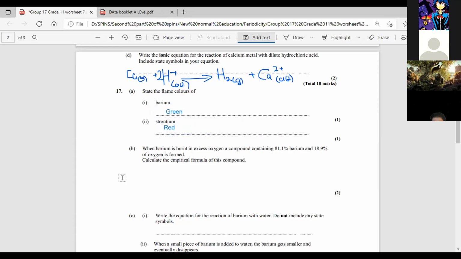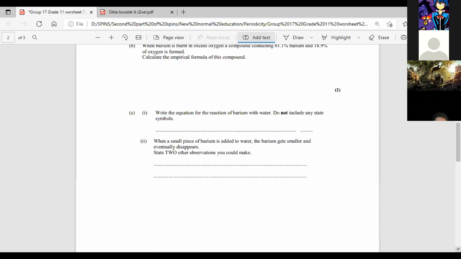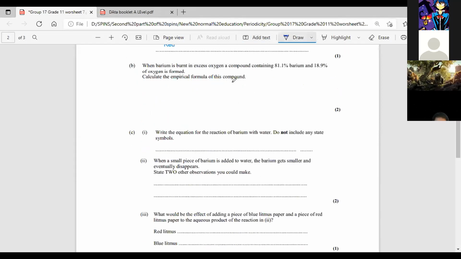When barium is burned in excess oxygen, a compound containing 81.1% barium and 18.9% oxygen is formed. So we make the ratio of barium to oxygen, 81.1 to 18.9.